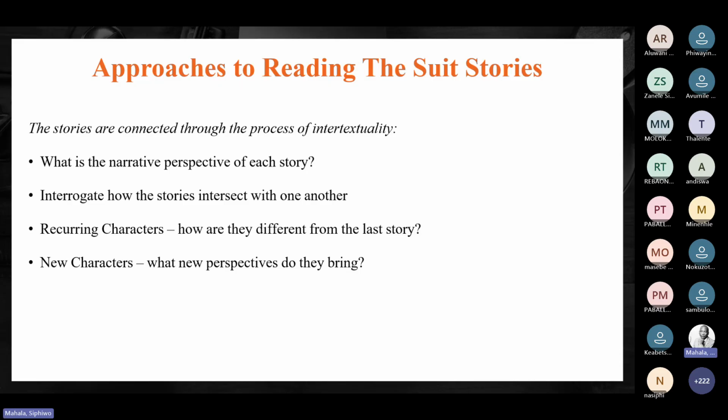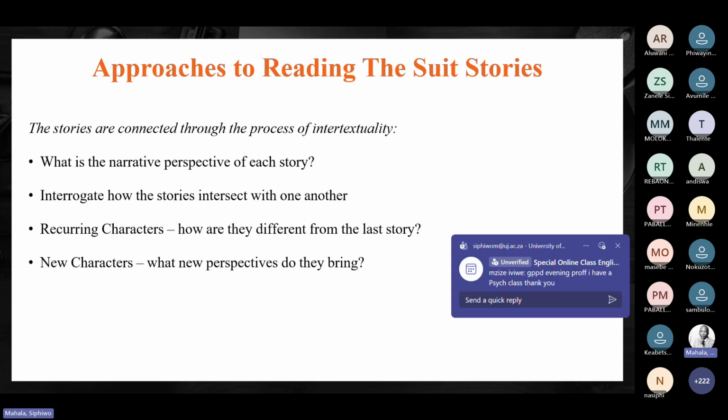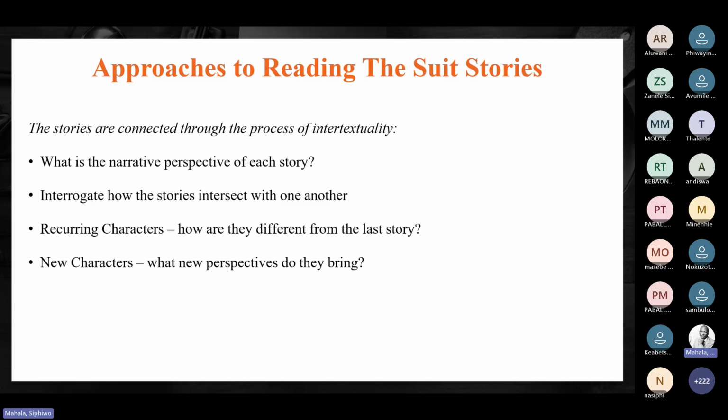All right. But remember, the first thing really is to look at the narrative perspective. So these questions are interrelated themselves because by answering the first question already, you are touching on the others. And ultimately, you are answering any question that might be asked in an exam room.